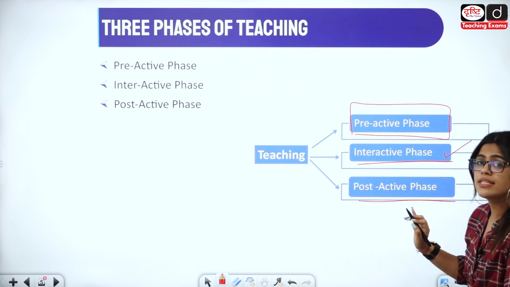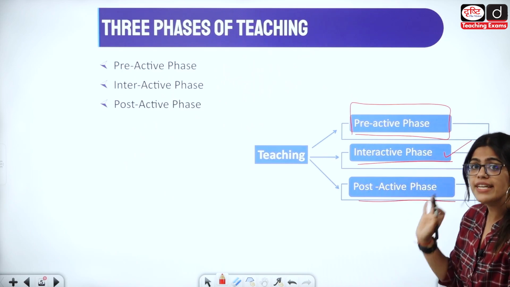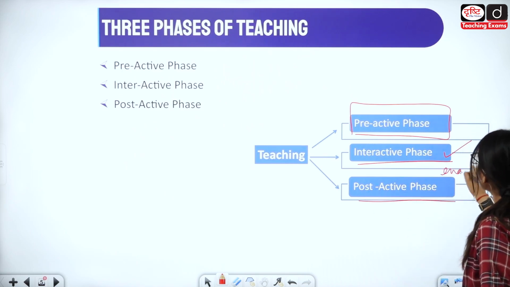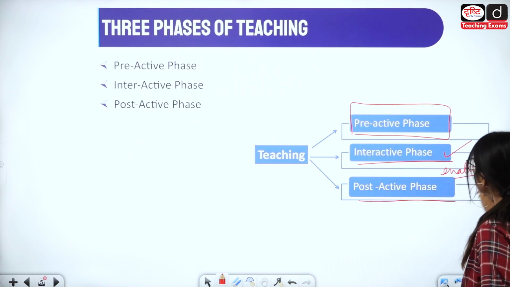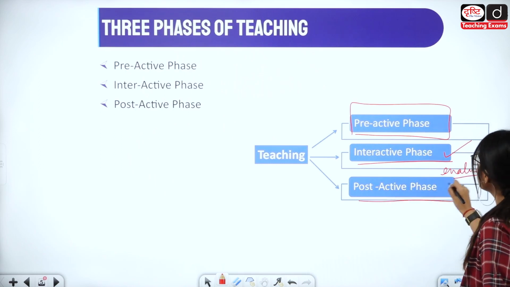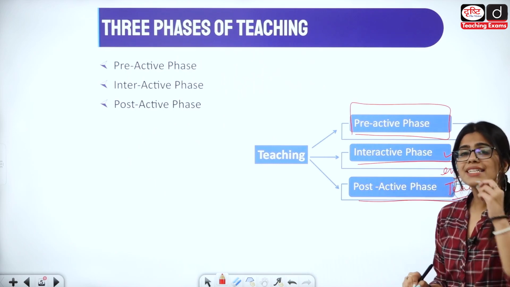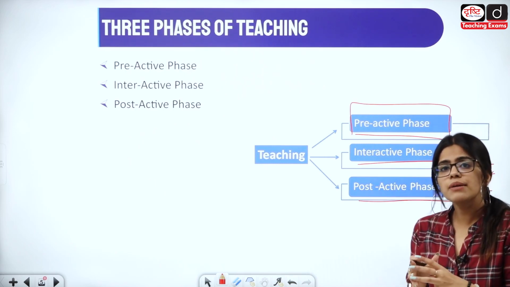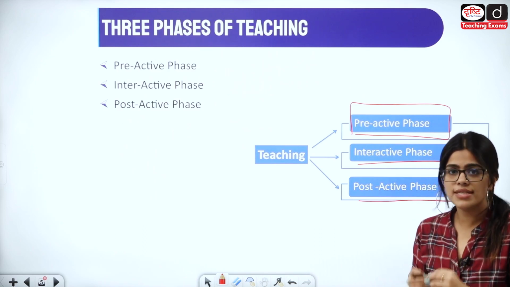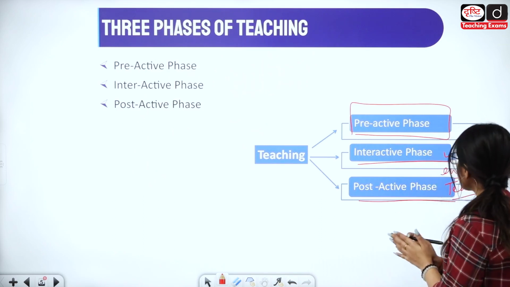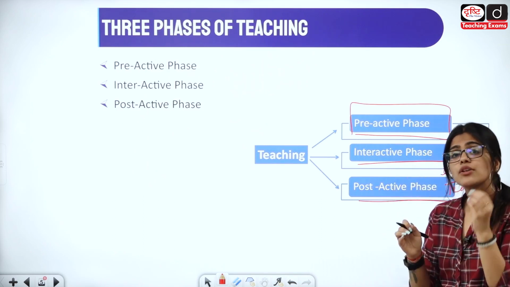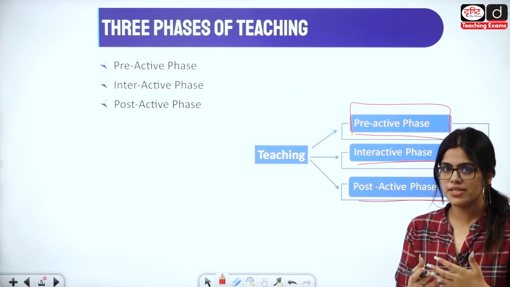While after the topic has already been taught, the teacher sometimes evaluates the students. If the things are not understood by the students, she will do what? She will teach them again. This is called reteaching. Till the time the student is not clear with the concept, the teacher has to teach the topic again and again. This is called reteaching, and it is only done when evaluation happens.